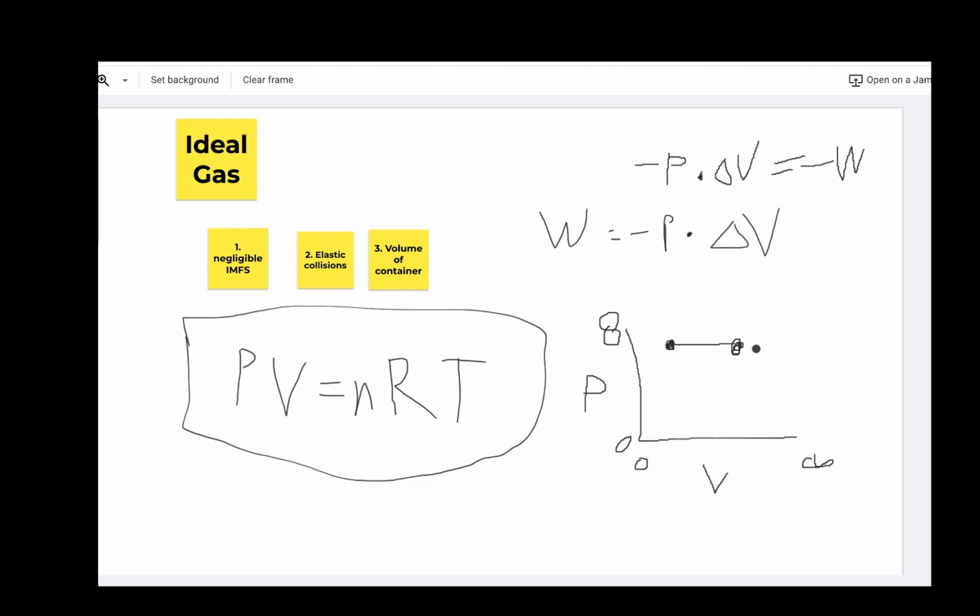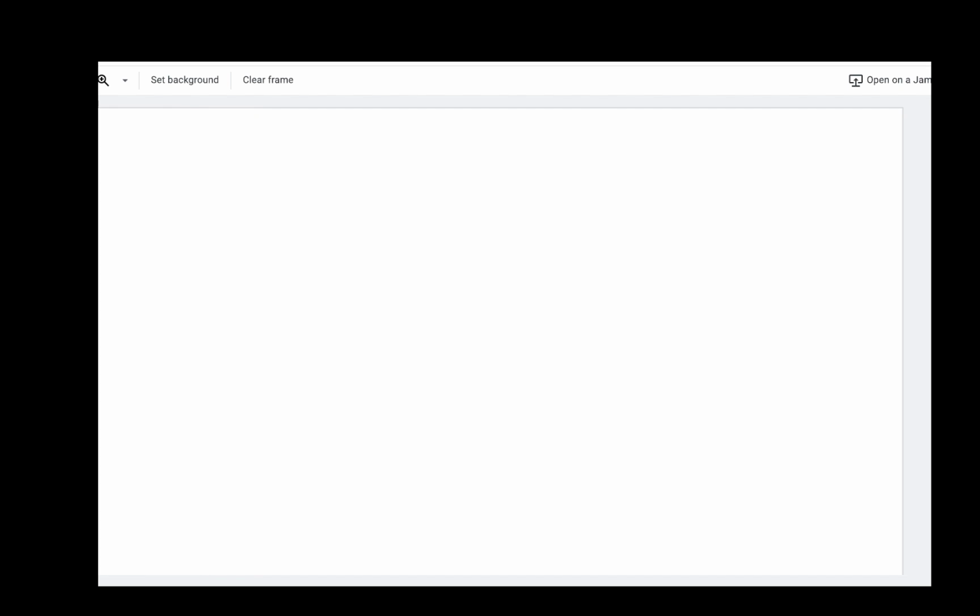And speaking of that, Dima, do you want to talk about change in U equals Q plus W? Oh yes, the first law of thermodynamics. Here, let me open up a new frame. It sounds a lot more complicated than it actually is.